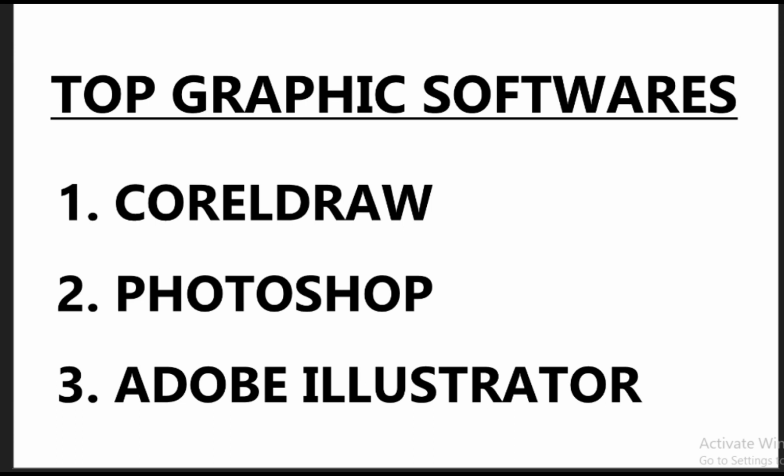It can also be used for flyers and the rest like that a bit, but its main function is for photo editing. And then the third one is Adobe Illustrator. Now Adobe Illustrator's main focus is for creating vector images like logo designs and the likes.